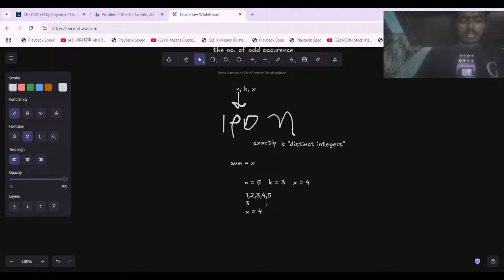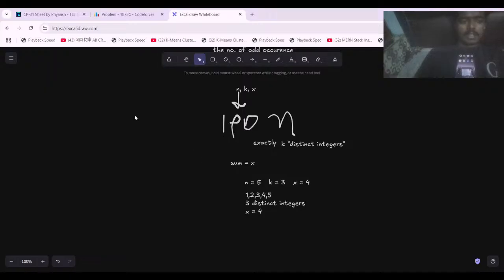So three distinct integers, right? So you pick up 2, 3, and 4 maybe. Or you pick up 1 and 2 and 3 maybe, right? Some other three distinct integers. But in any case you have to pick up three distinct integers and you have to say whether you can create a sum equal to x.